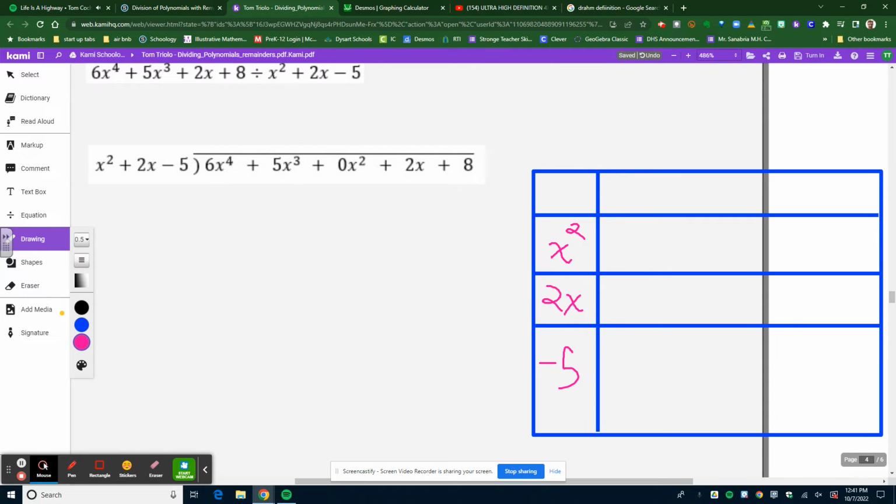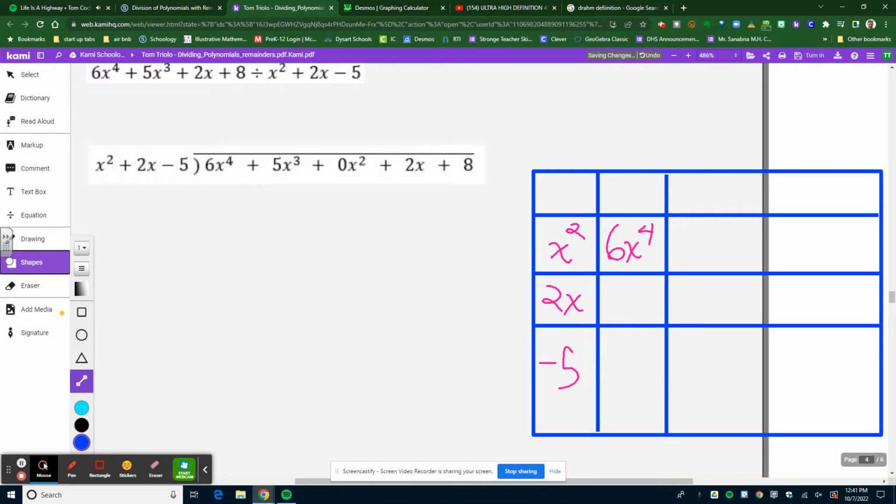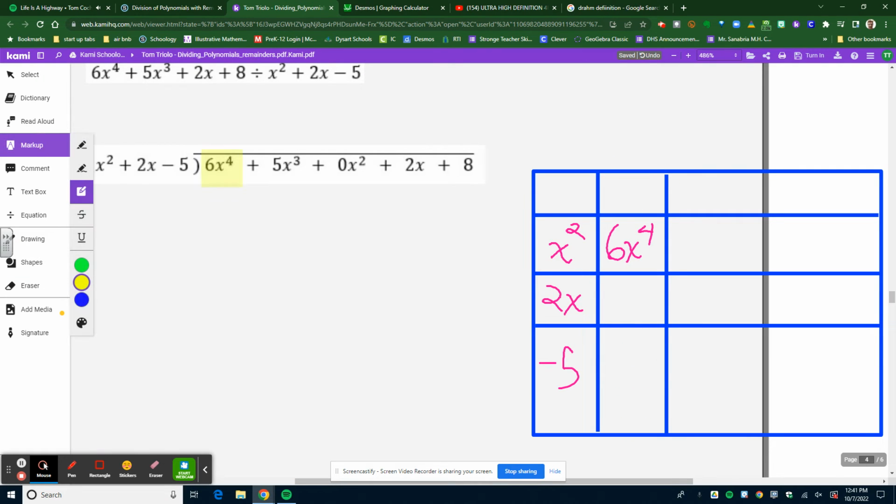Okay? I'm just going to do the first step. And then from there, you're going to work it. So, my first piece of my dividend is 6x to the 4th. So that is from right here. So far, so good? Okay.